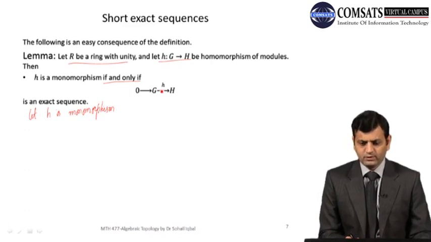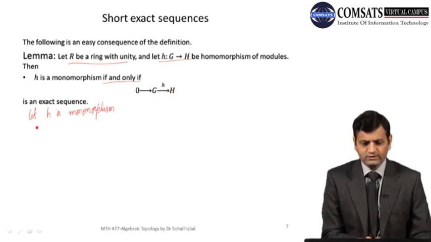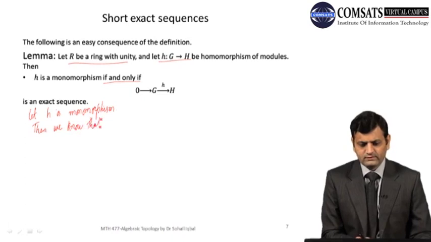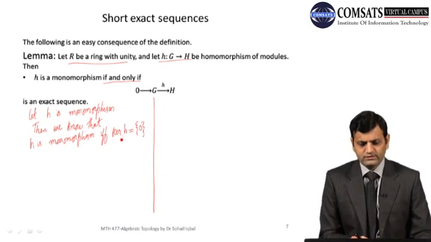So if h is a monomorphism, which means that h is a one-to-one map, then we know that h is a monomorphism if and only if the kernel of h is equal to 0, which is contained in G. So using this result we can say that this is an exact sequence at G. How is it an exact sequence?